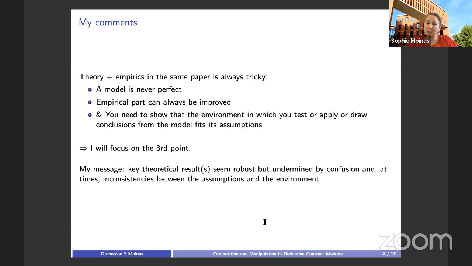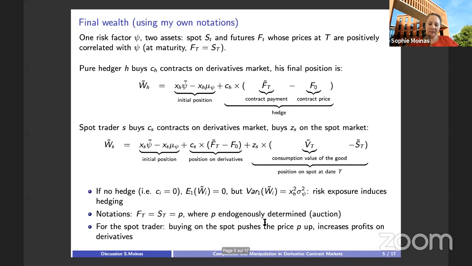Okay, so I'm going to focus on the third point. The key message of my discussion is that the results are very strong, I think, but they are undermined by some confusion and sometimes some inconsistencies between the assumptions of the model and the environment. So let me start with the first comment.